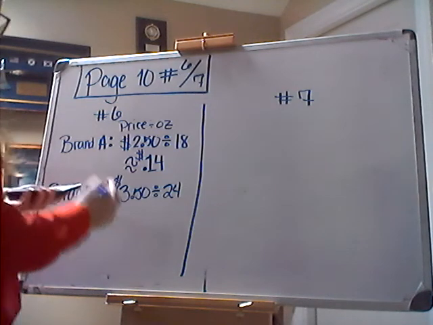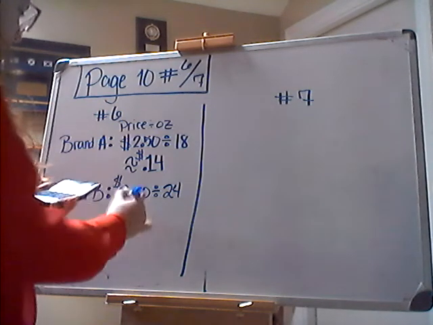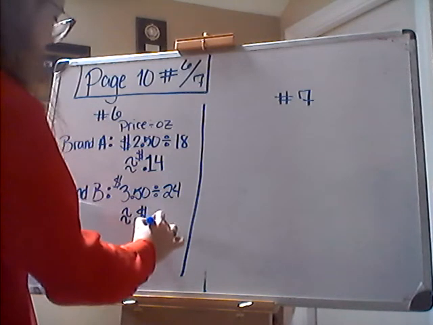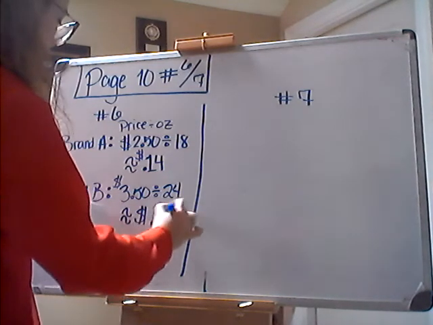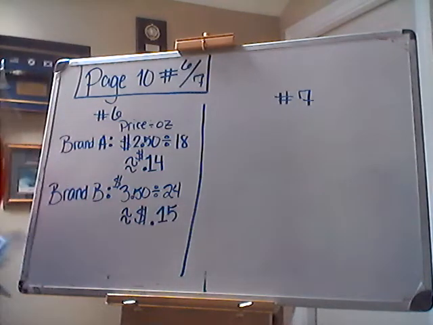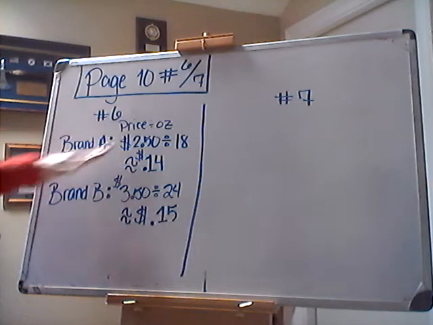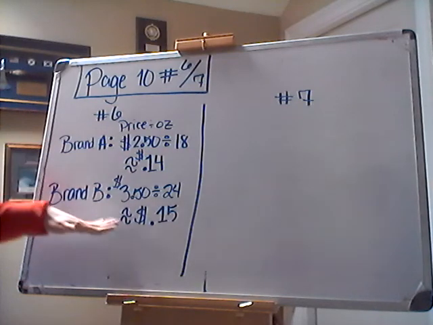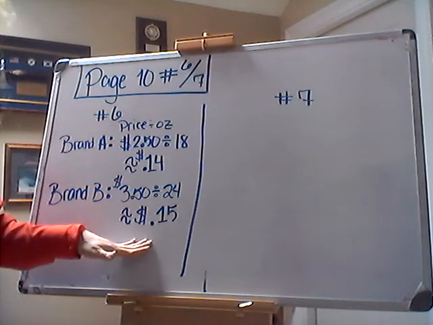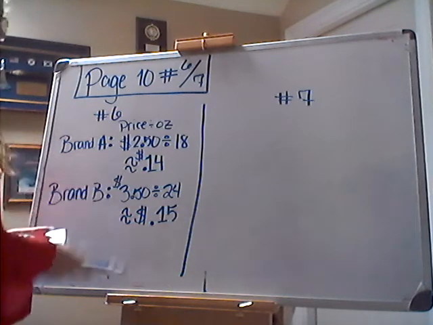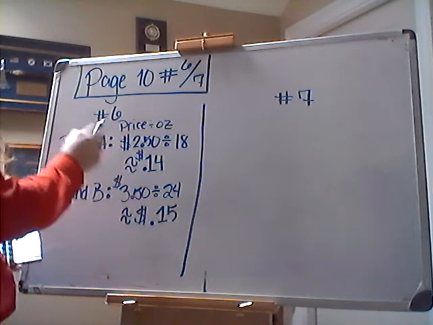That gives us 0.1458, which is actually going to round up to 15 cents. So brand A is approximately 14 cents an ounce, and brand B is approximately 15 cents an ounce. The question said, which has the better price per ounce? The better price per ounce is the cheapest price per ounce, which is brand A.